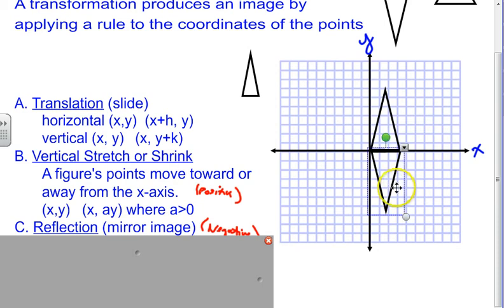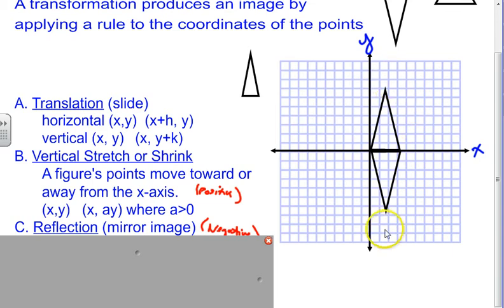There's a reflection. So each of the coordinates, let's say this coordinate right here, which would be at 1.5 and 7. That point that is opposite it, way down here, is now still at 1.5, but what happened to the 7? It became a -7. See that?